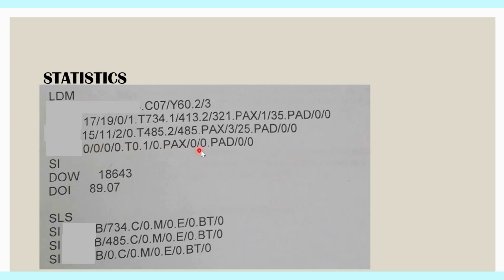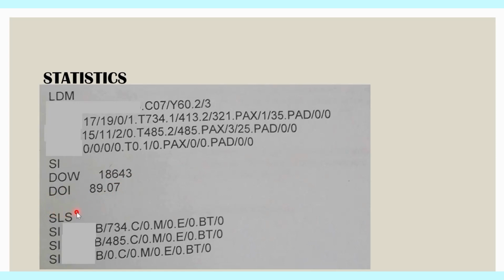Okay, SI stands for supplementary information, and here many load sheets and many companies can give other bits and pieces of information. In this particular case, it's just telling us dry operating weight is worked at 18643 kilograms and its index is at 89.07. Okay, SLS stands for statistical load summary.